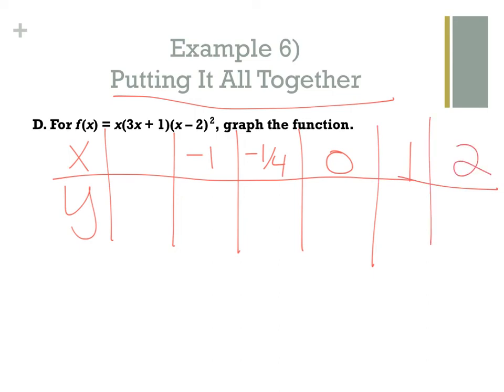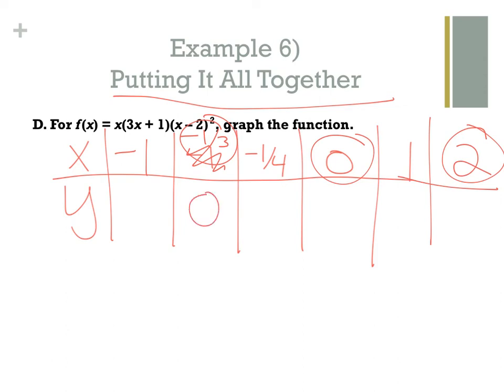2. Let me take that back. I made a mistake here. I had -1/3 as one of my zeros as well, and -1 is less than that. So my zeros I'm going to circle here were at -1/3, 0, and 2, and my additional points were at -1, -1/4, and +1.